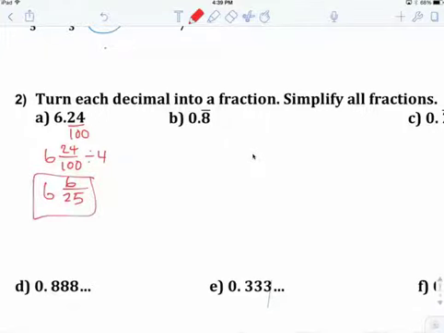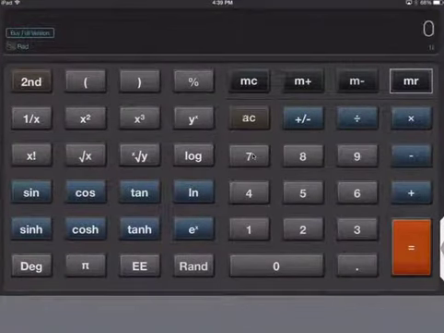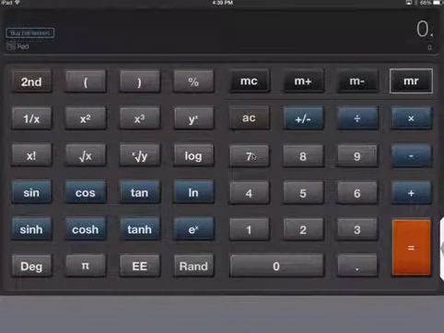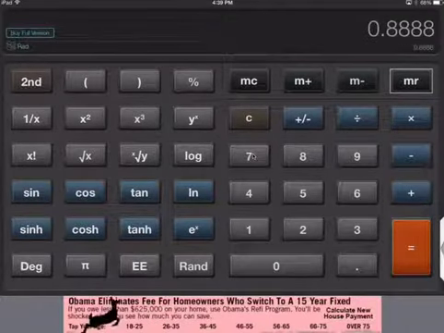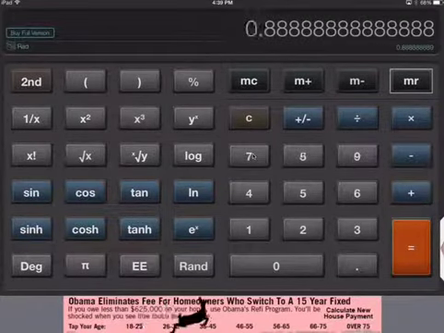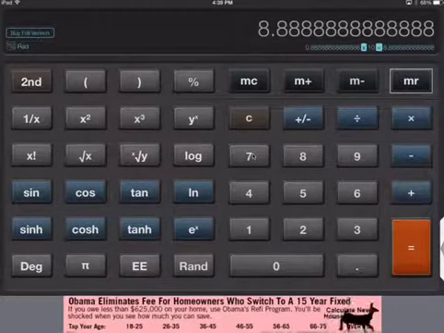Now, because these are repeating, this is in the 10th place. I remember 2 number for 10th. You put 10x equals, multiply, clear it out, 0.888888888, as many as you like, times it by 10 equals, there you go.